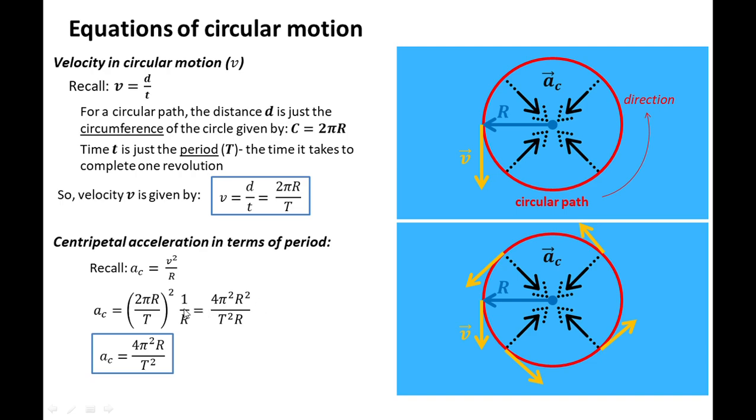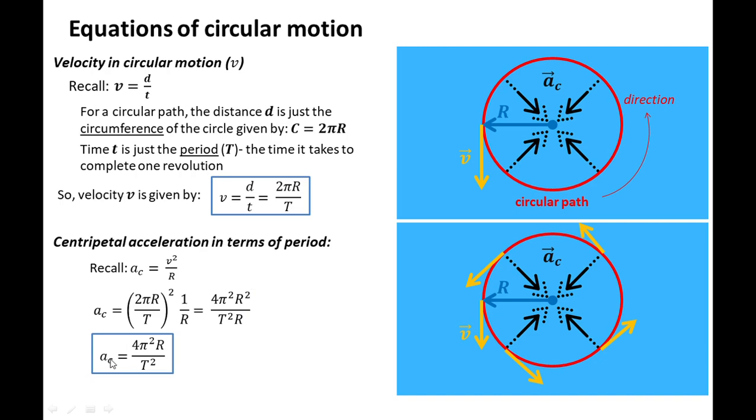And so given that you have this, if you square 2, that should be 4. Square of pi is pi squared, and square of r is just r squared. And then we divide it with the square of the period, that is T squared, and you have here another r term in the denominator. So you can cancel out one r here and another r in the numerator.